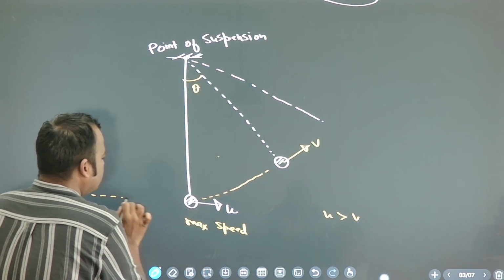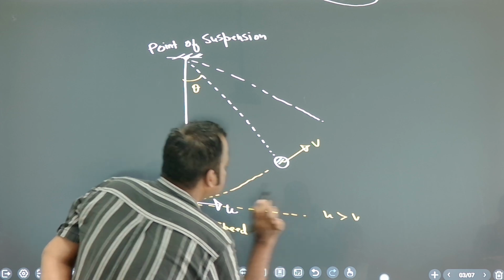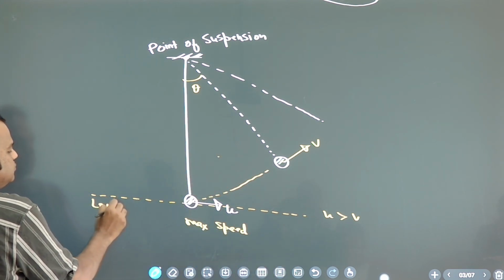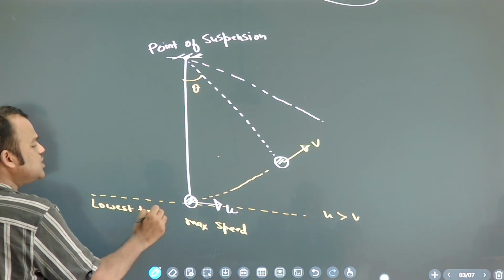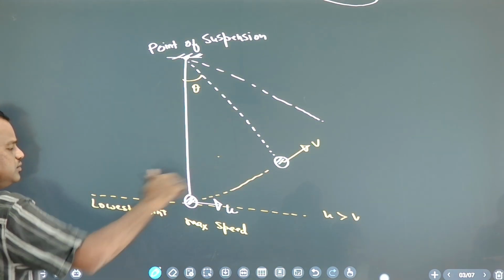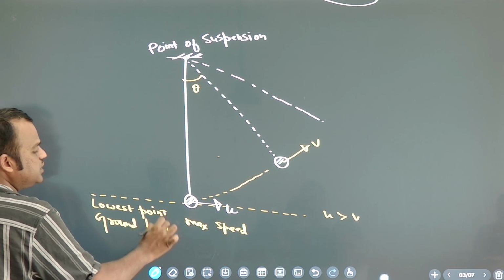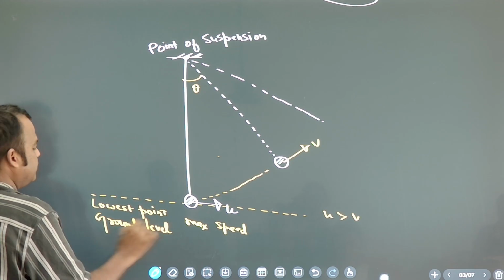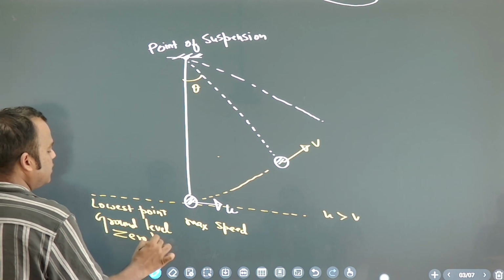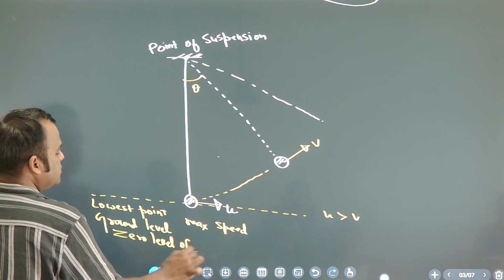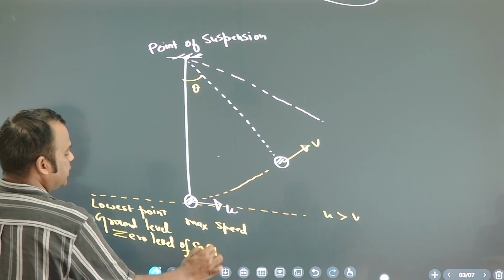Now this is the lowest point. Lowest point I am considering ground level. So what is the potential energy? Gravitational 0. So this is the 0 level of gravitational potential energy.